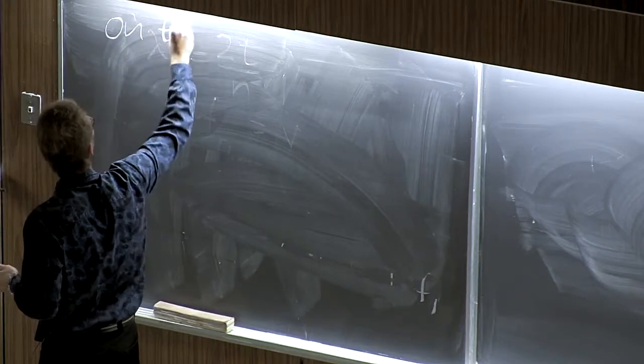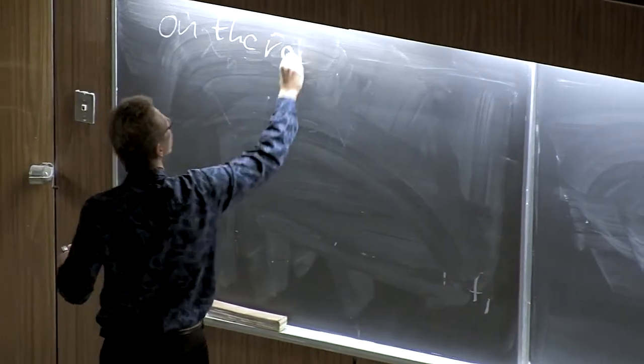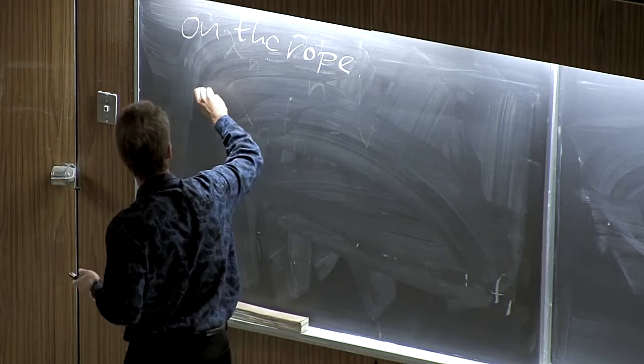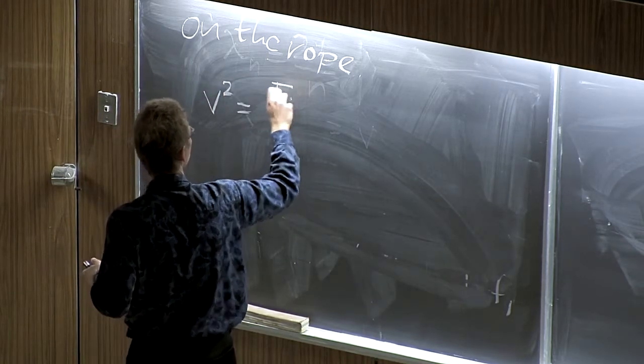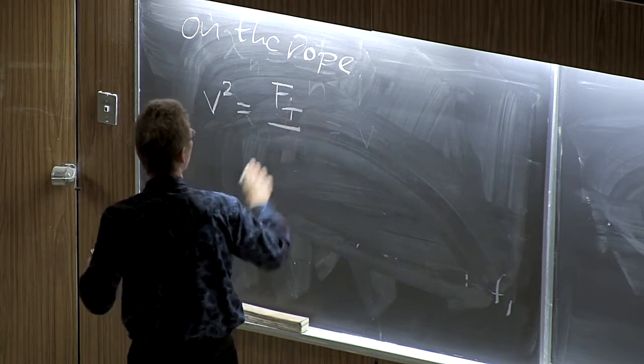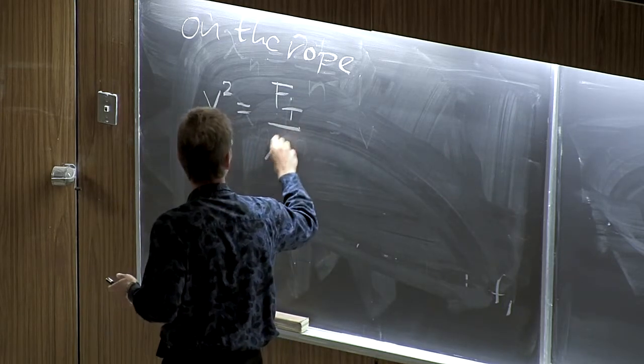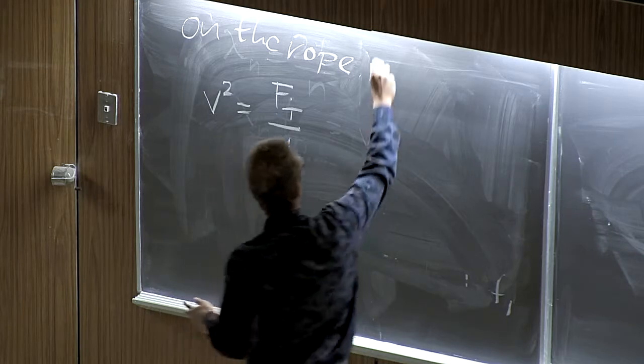On the rope, we had wave velocity square was the tension force divided by the linear mass density mu.